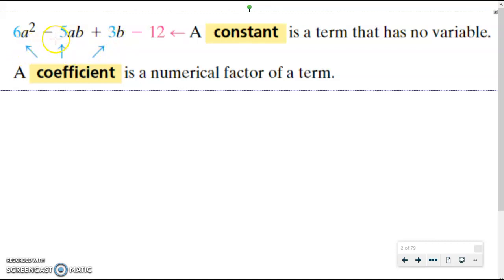The blue part, 6, negative 5, and 3 here are all the coefficients. The coefficient part of like terms doesn't matter. The part that matters is the variable part and what exponent it is. It has to be the same variable raised to the same exponent. So let's take a look at some examples.